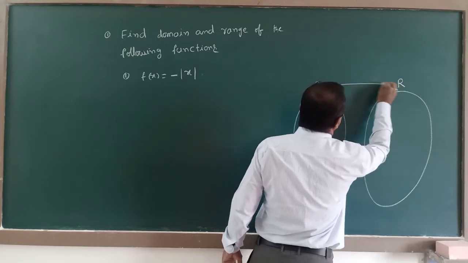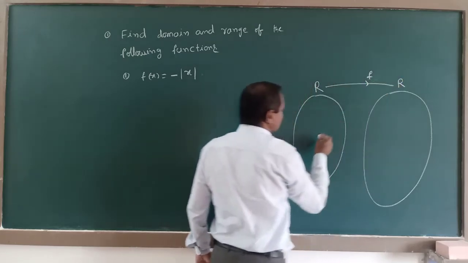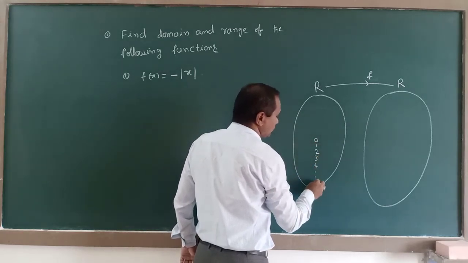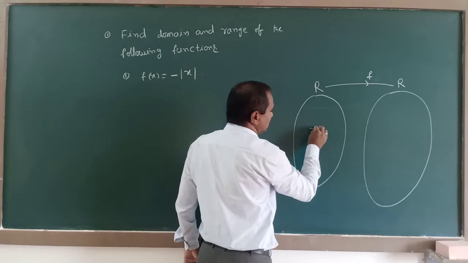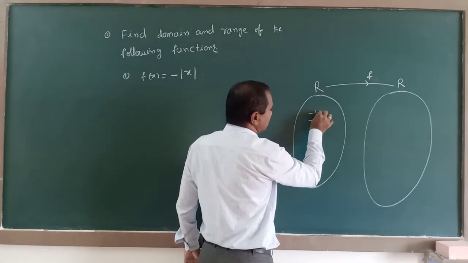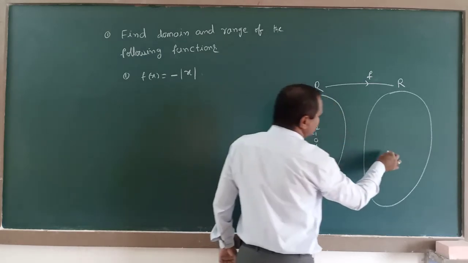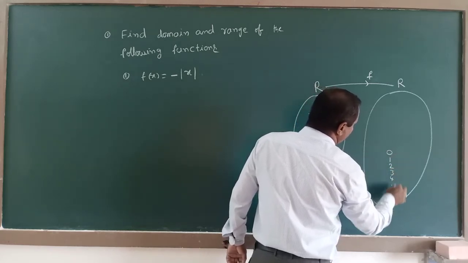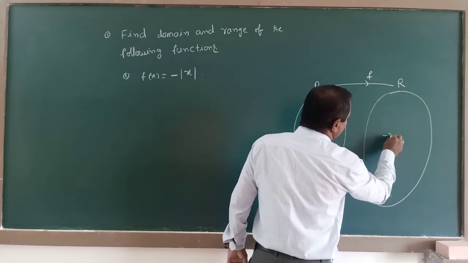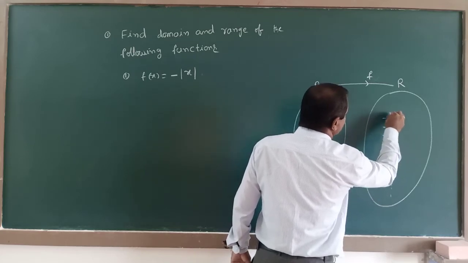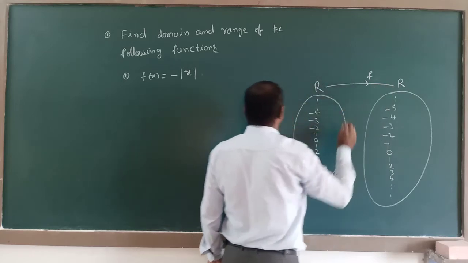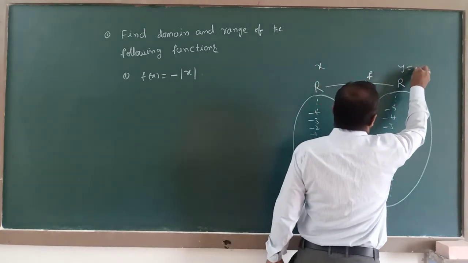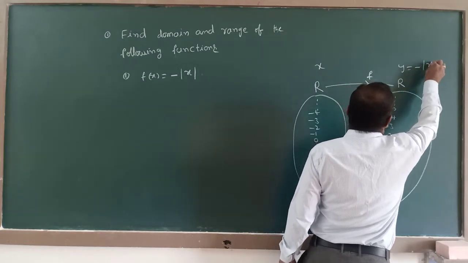R to R is one function. 0, 1, 2, 3, 4 and so on, minus 1, minus 2, minus 3, minus 4 and so on, mapped from x to y, where y is equal to minus into modulus of x.